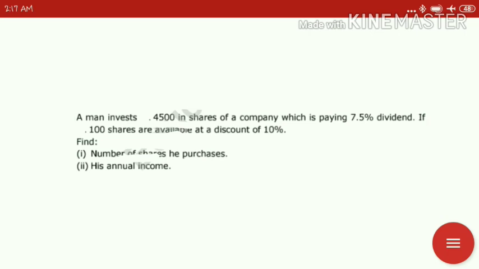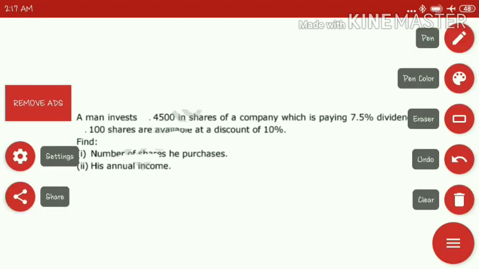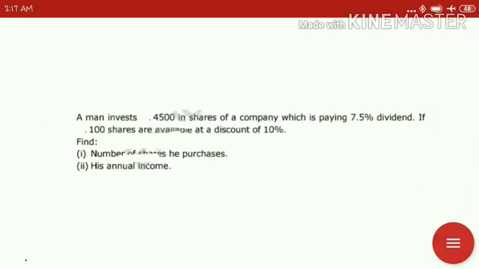Now this is the question which came in section A. This question states that a man invests rupees 4,500 in shares of a company which is paying 7.5% dividend, if rupees 100 shares are available at a discount of 10%. Find the number of shares he purchased and his annual income.